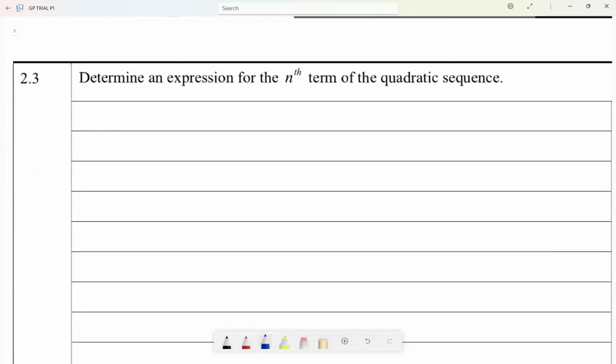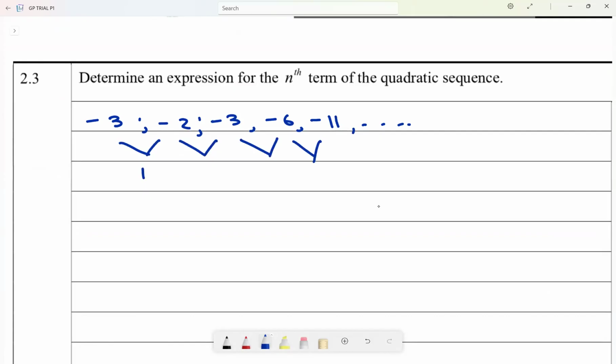Determine an expression for the nth term of the quadratic sequence. So let's write out our quadratic sequence. Remember, it is -3, -2, -3, -6, -11, and all the way. The first difference we just found was 1, -1, -3, -5. Let's find the second constant difference: -1 minus 1 is -2, and then -2, -2.